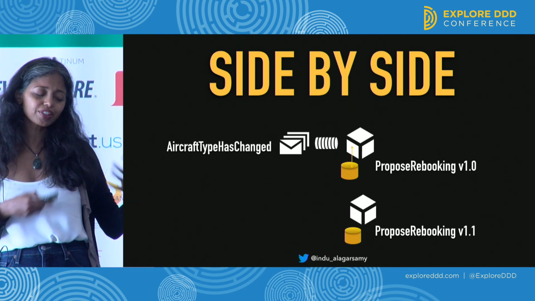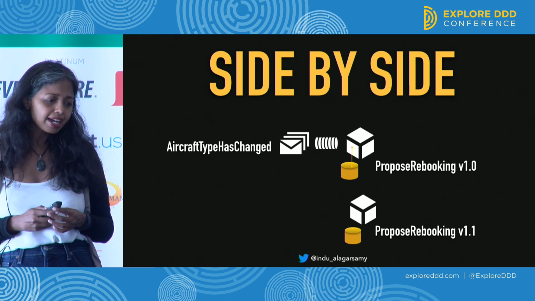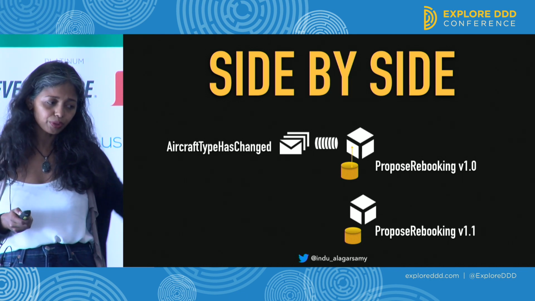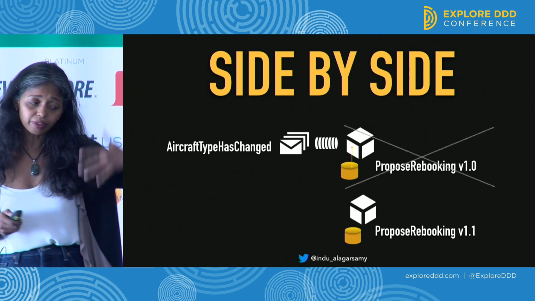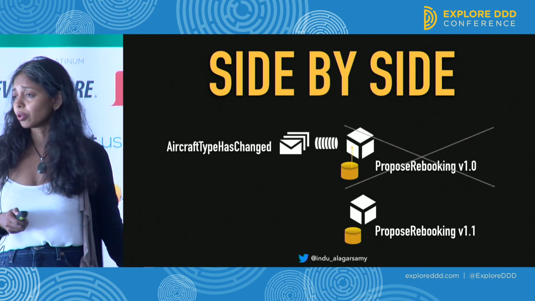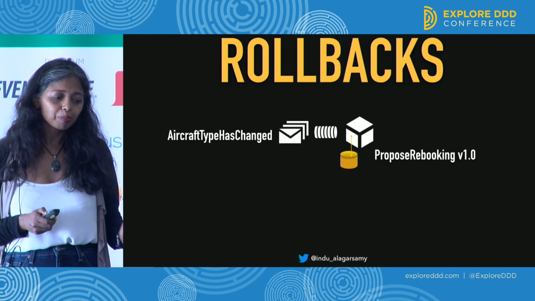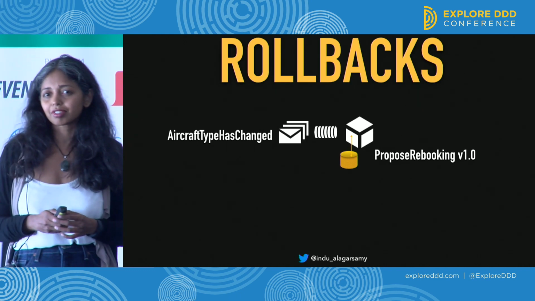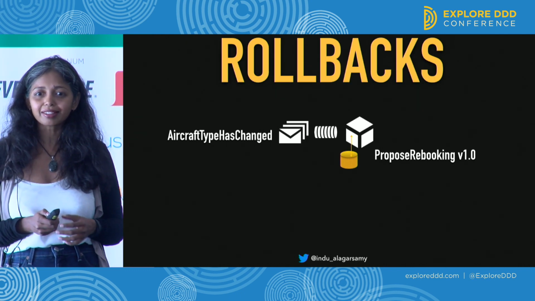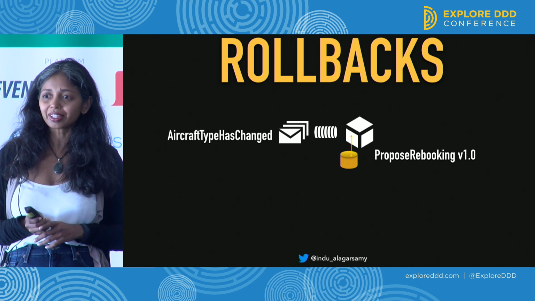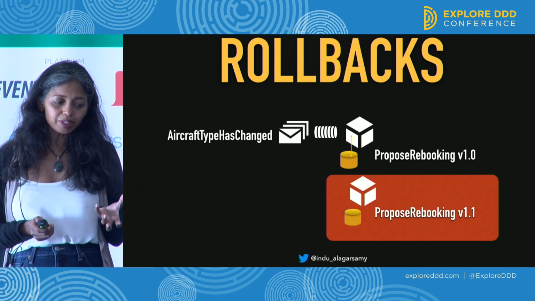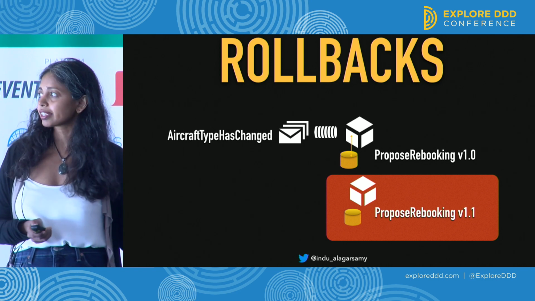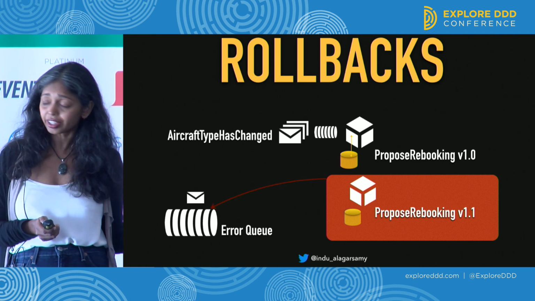If you're just doing simple versioning, once you make sure that your newer version's working fine, you shut the old version down, and you're good. But life doesn't always follow the happy path. Sometimes, when we deploy something, it can fail. If it fails, those messages don't get lost. They simply get routed to an error queue.